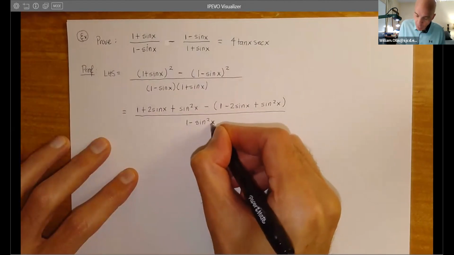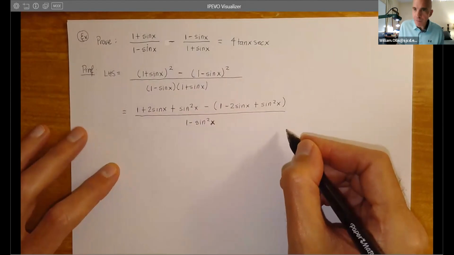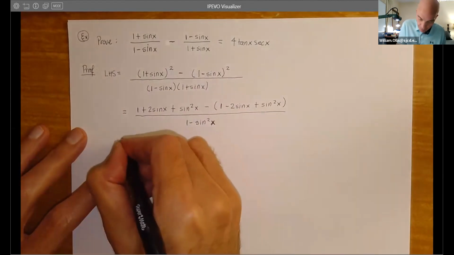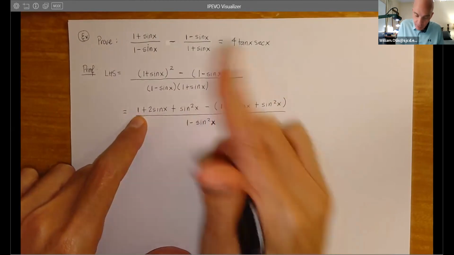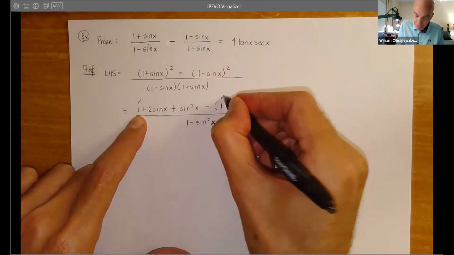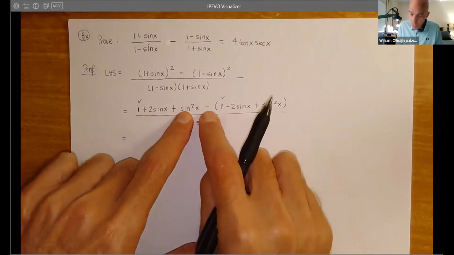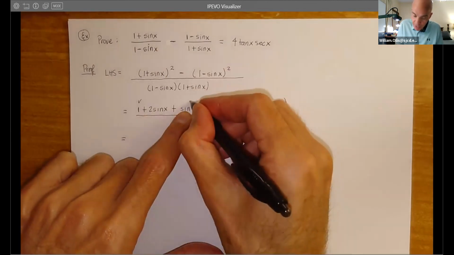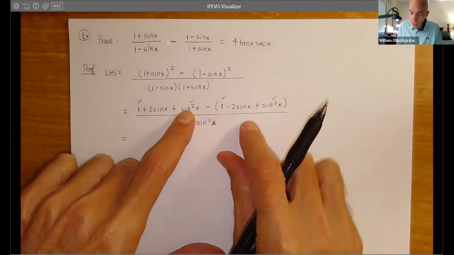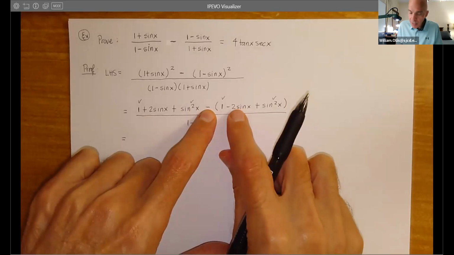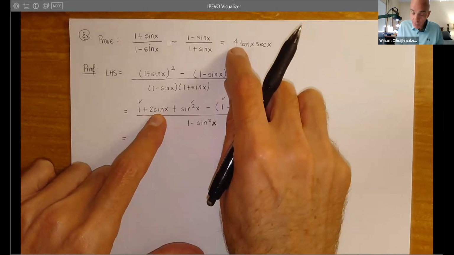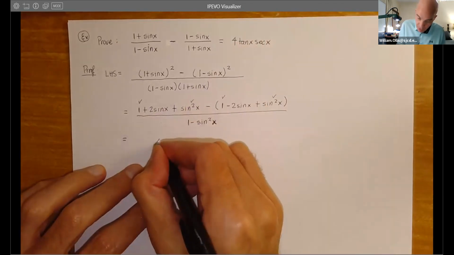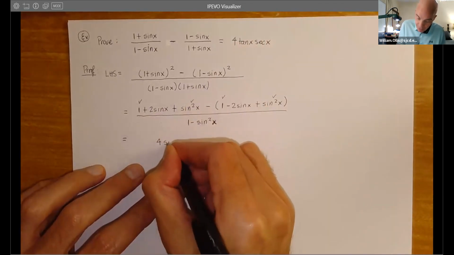And you always think about where you're heading as to how to shape your algebra. So now if we look up here, we have the 1 minus the 1, so these absorb. And then we have the sine squared minus the sine squared, so the sine squareds absorb too. But notice with the minus here, we get the sum, we get 2 sine x plus 2 sine x, so that's good, that's going to give us a 4. So this gives us 4 sine x.